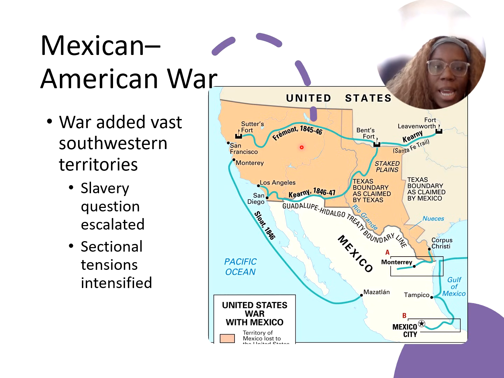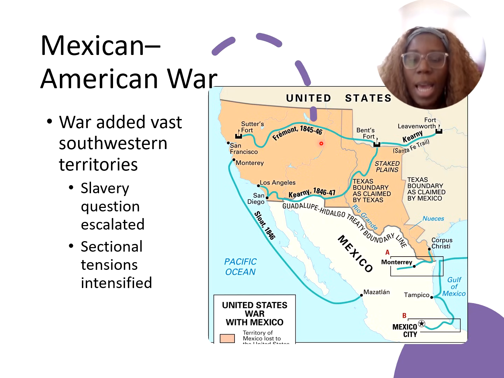These territorial gains dramatically intensified national debates over slavery and political power. The new lands were economically valuable and strategically important, and their future status, whether they would allow slavery or not, became the most central political question facing the nation at this time.